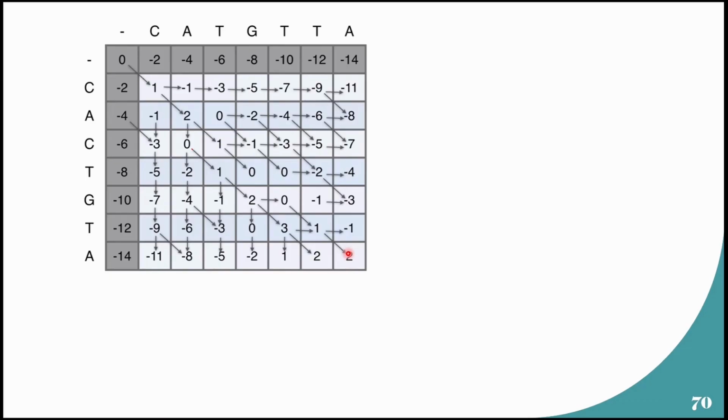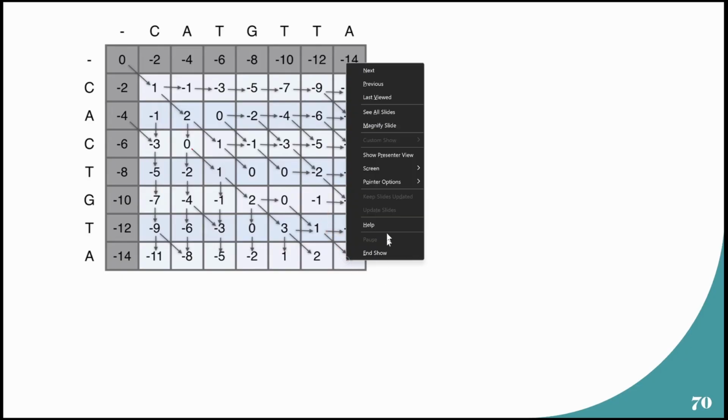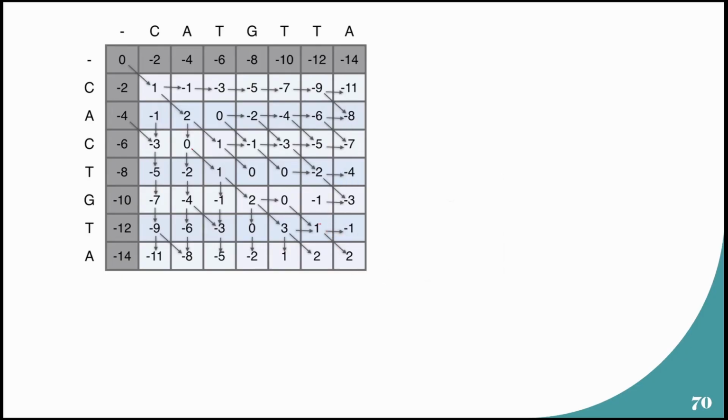For example, if I just go for the pen, you will see that if you trace it back, you get this sort of direction back to the initialization, which was 0. It seems that there are two different paths, which means that you can have two different alignments.